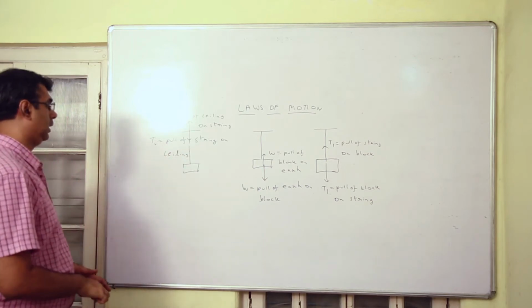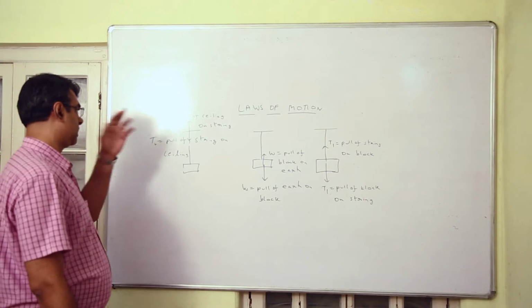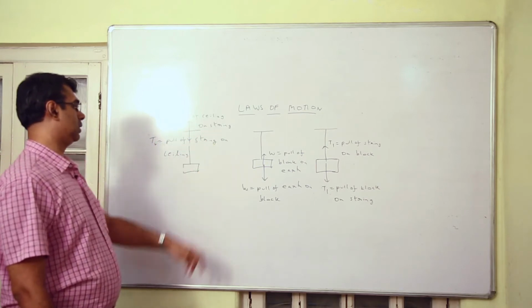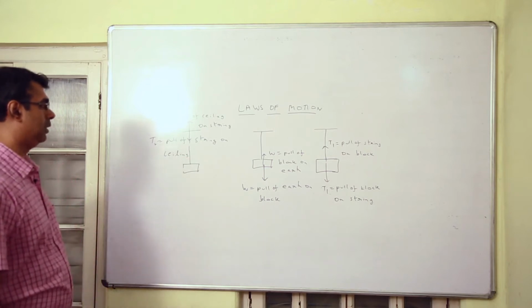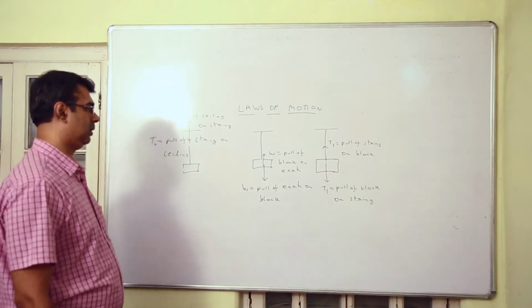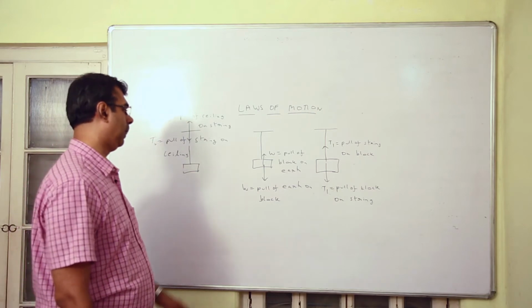So I repeat once again, this T2 is the pull of ceiling on string and this T2 is the pull of string on ceiling. So we have managed to find out three action-reaction pairs in this particular situation.